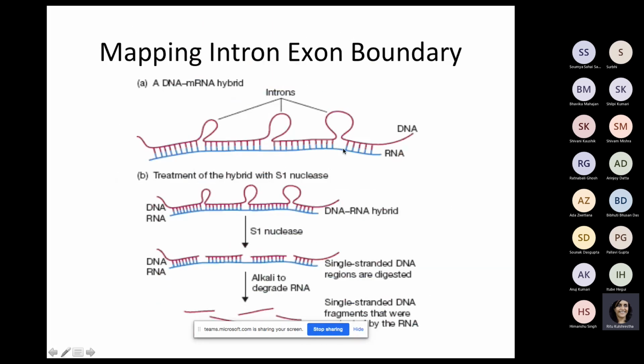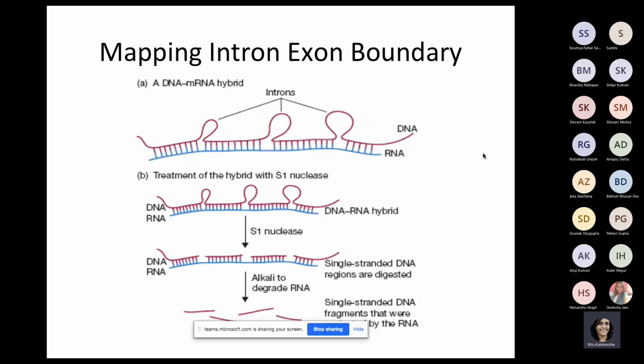So if you have to map the intron-exon boundary, it will be excellent if you have cDNA in your hand and a genomic sequence in your hand, and you just compare the two. If you compare the two, you will obviously come to know that the region which is absent in cDNA but present in the genomic DNA is where the intron-exon boundary is.